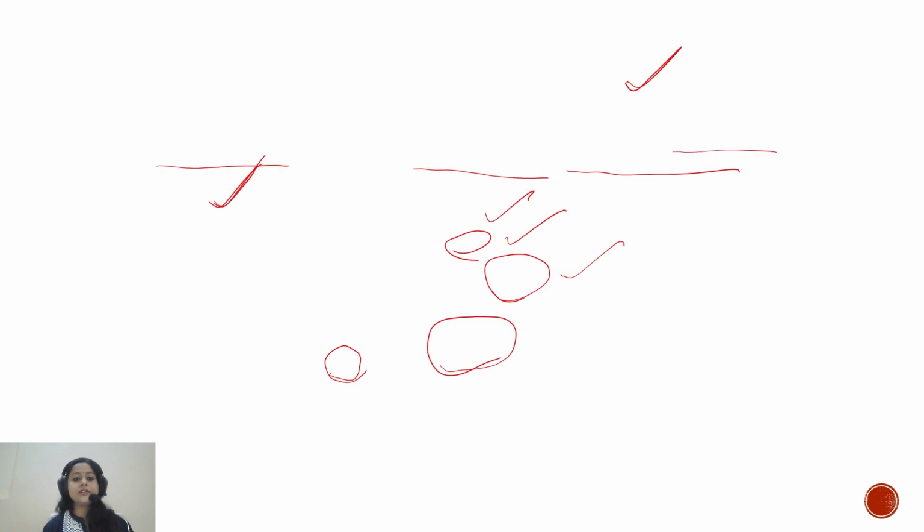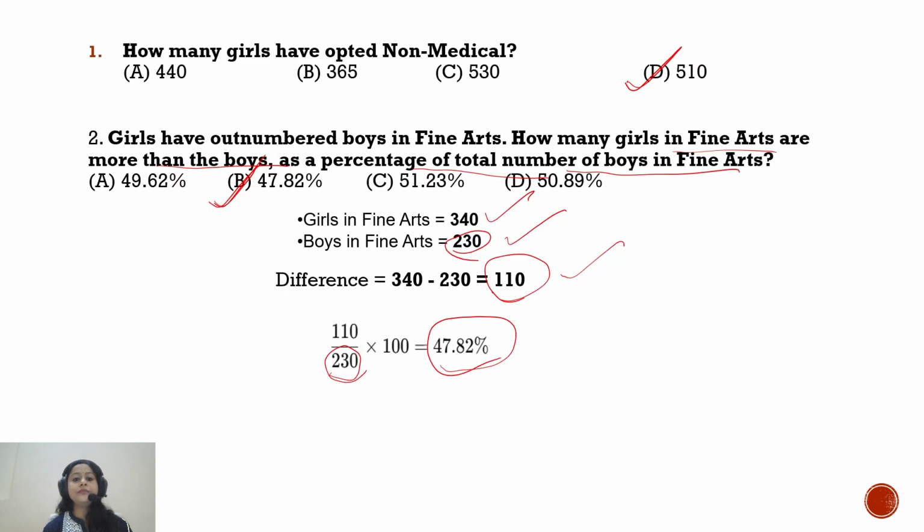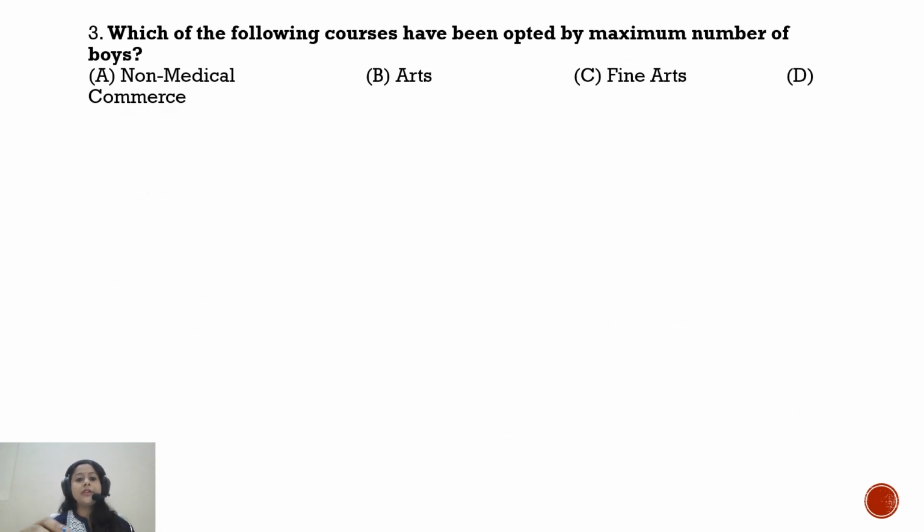So we will consider only these four. Out of these four, the maximum number of boys have opted for arts, right? 495 boys have opted for arts. So our answer will be arts.